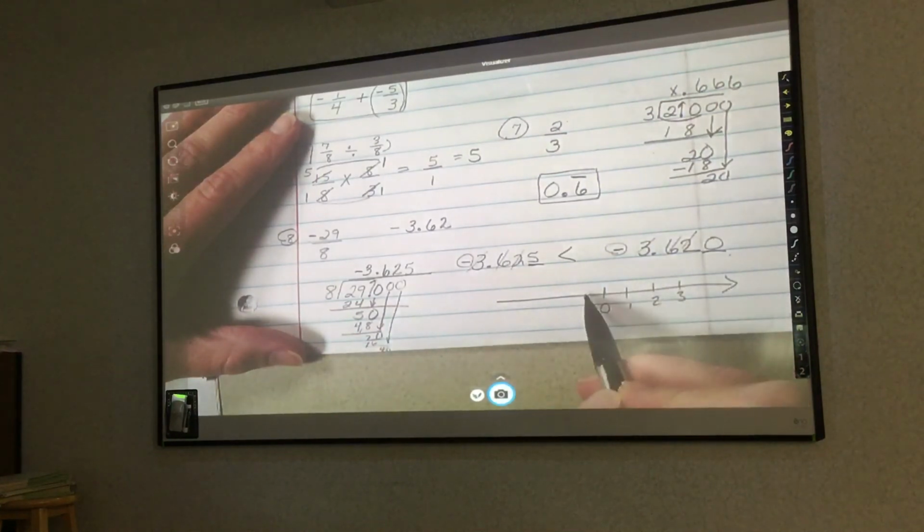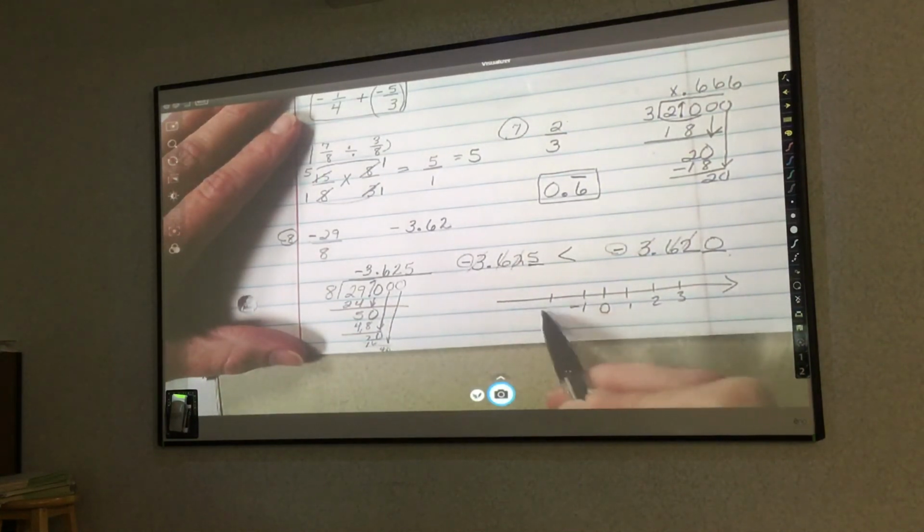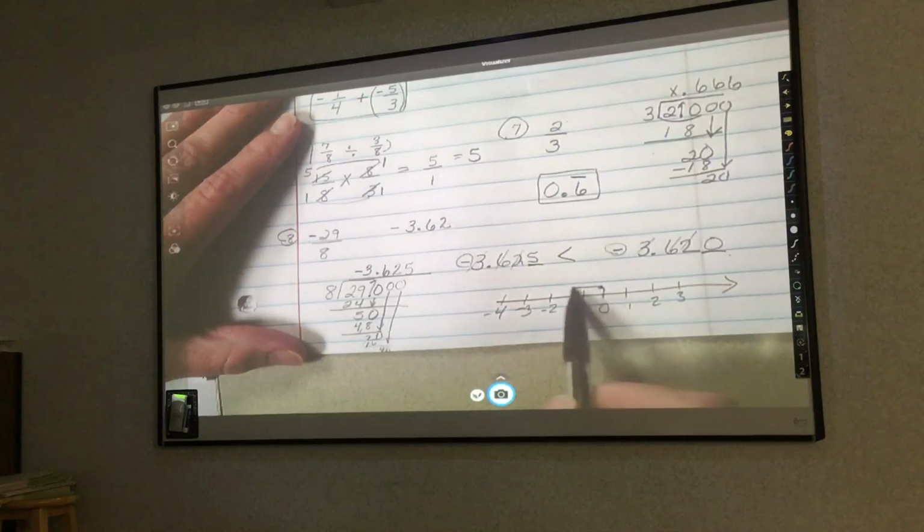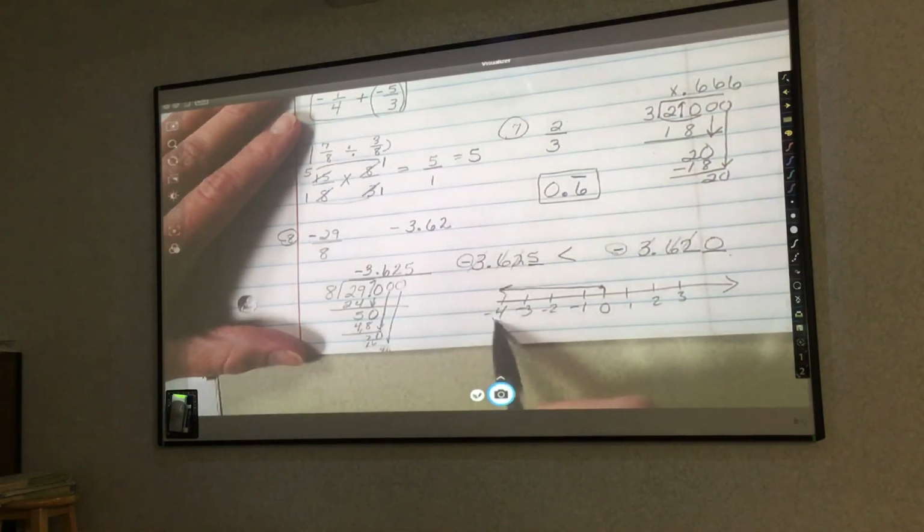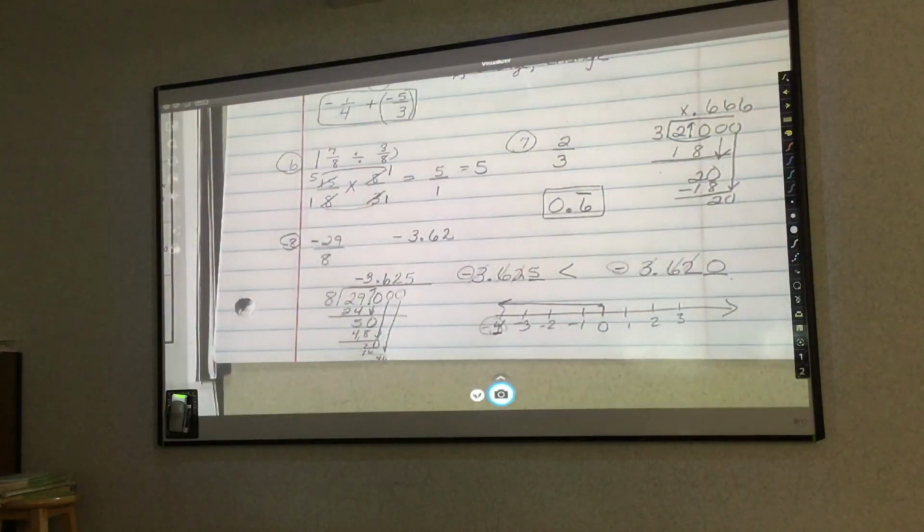If I go to the left, I go negative 1, negative 2, negative 3, negative 4. If I go this direction, the digit gets bigger, but it gets to be a smaller number. The digit itself gets bigger, but the number is actually smaller.